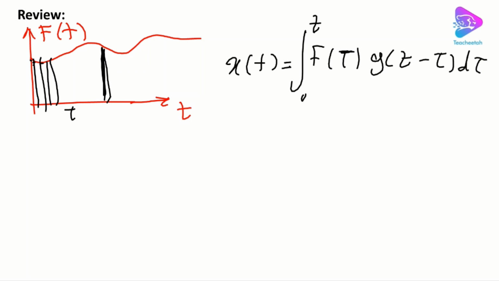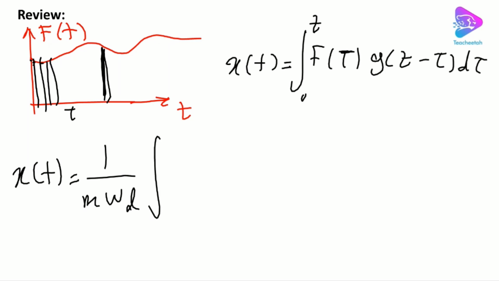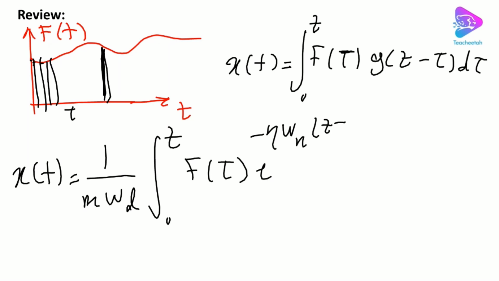Then the response would be easier to deal with, and x(t) would be 1 over m omega d. In fact, I'm substituting g(t minus tau) into the integral, 0 to t, F(tau) e to the minus zeta omega n (t minus tau).